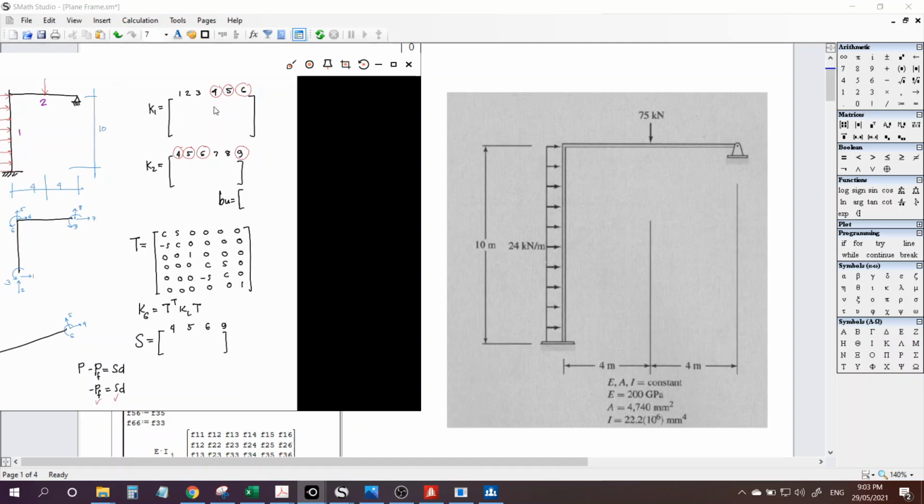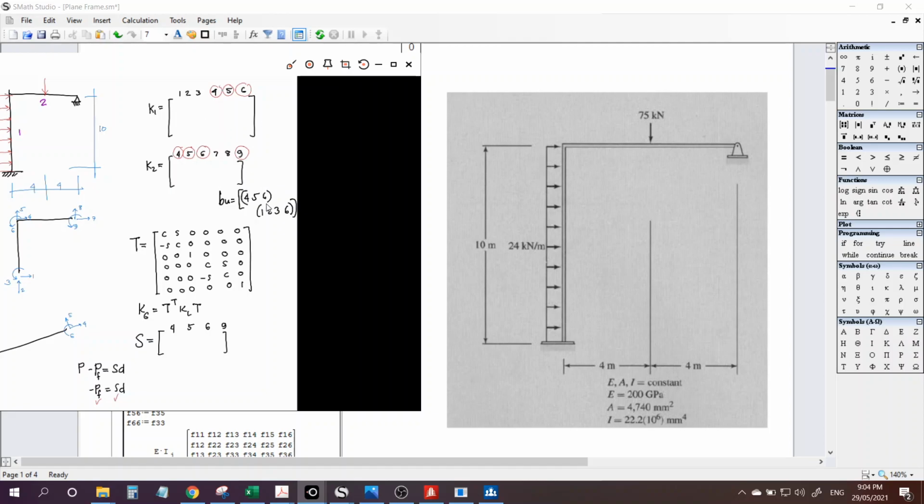For member 1, it's located in 4th, 5th, and 6th, so I'll write down for my BU as 4, 5, 6. Now for member 2, I will extract 4, 5, 6, and 9. So that is 1st, 2nd, 3rd, and 6th. So I'll write down here 1, 2, 3, and 6.